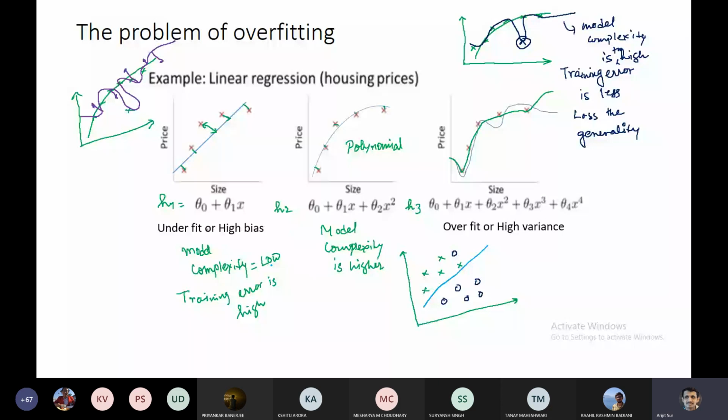Now, you can say this decision boundary, let's say it's linear. So the model complexity of this decision boundary is somewhat less. Okay. But we don't consider this point. We treat it as an outlier or noise.